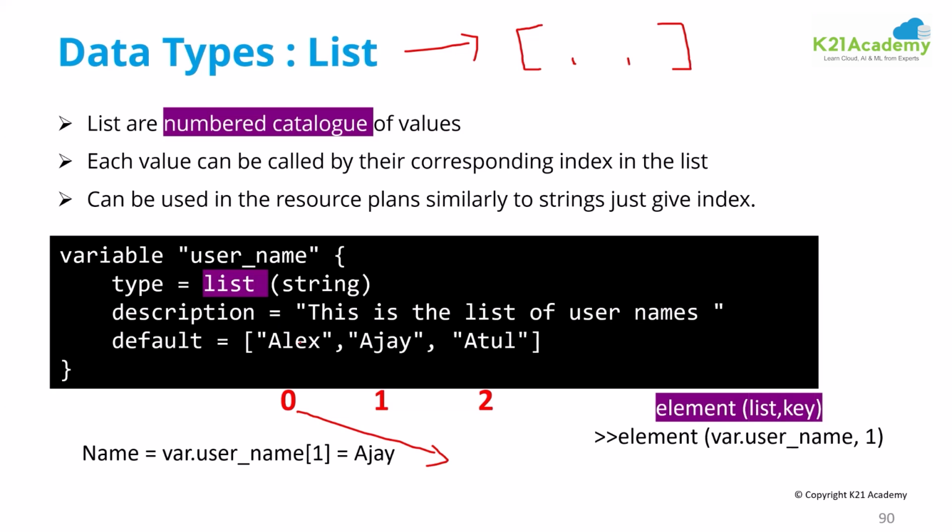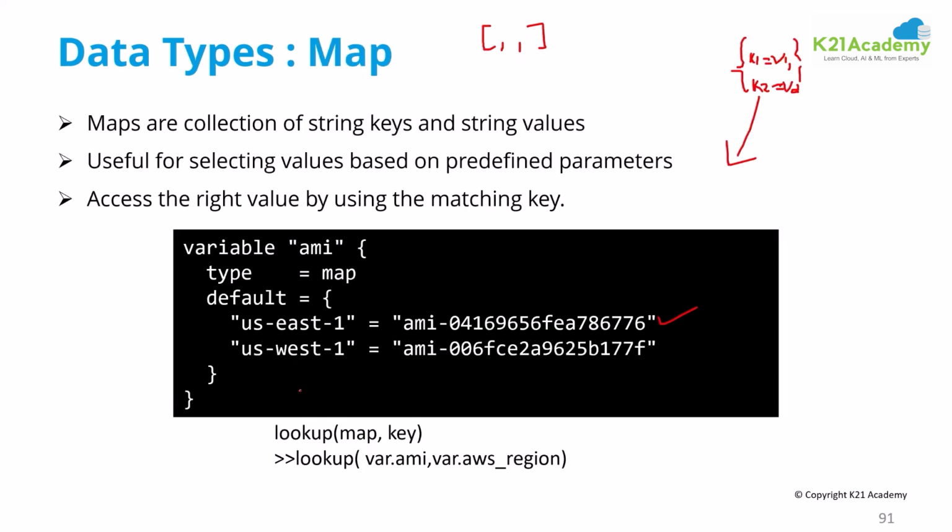I'm using more technical, specific terminologies. Whenever I want to use any element of my list, I access it using the index number. Whenever I want to access any element of a map, I access it using the keys. That's the second difference. Okay.